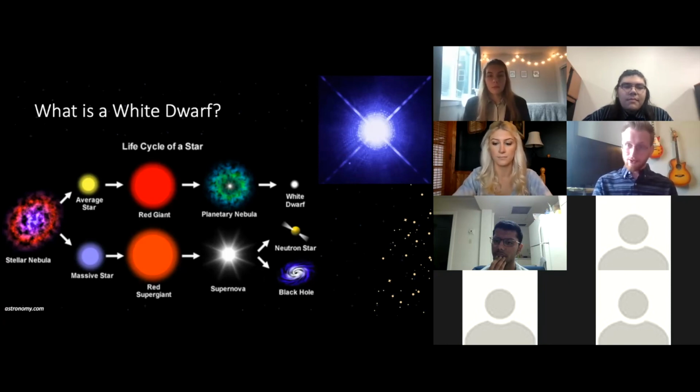But because there's no fuel inside the star, it isn't actively undergoing nuclear fusion, and therefore it isn't creating heat and it is just cooling off. That makes it very, very dim, and it will cool down over periods of billions of years.